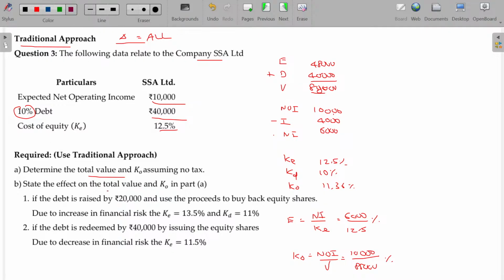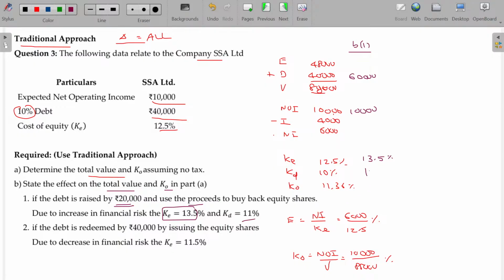State the effect on total value and KO in part A if the debt is raised by 20 and use the proceeds to buy back shares. So what happens in case B1? Your debt is raised by 20 and NOI is 10,000. Now, KE is 13.5 percent.